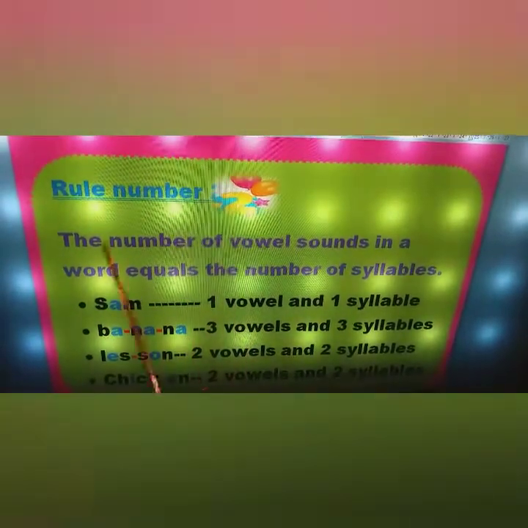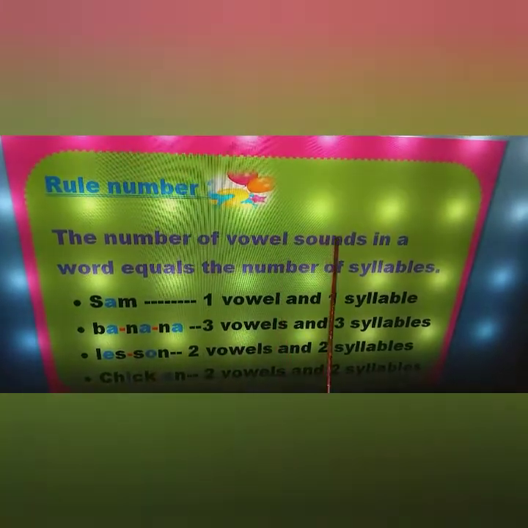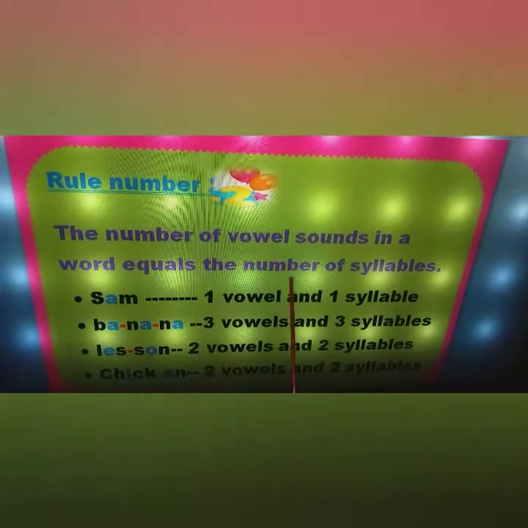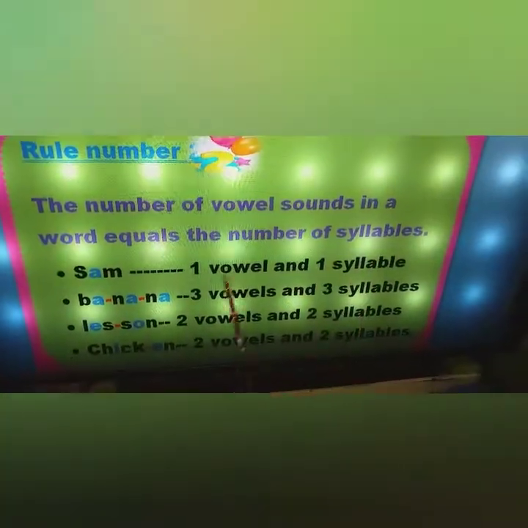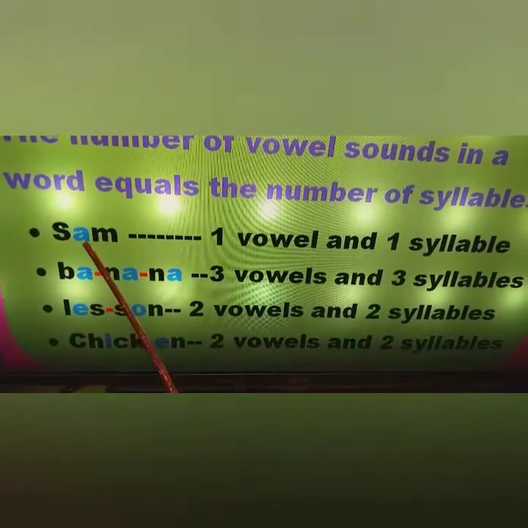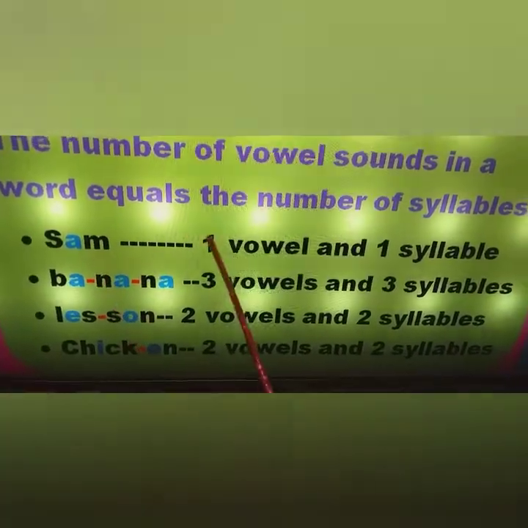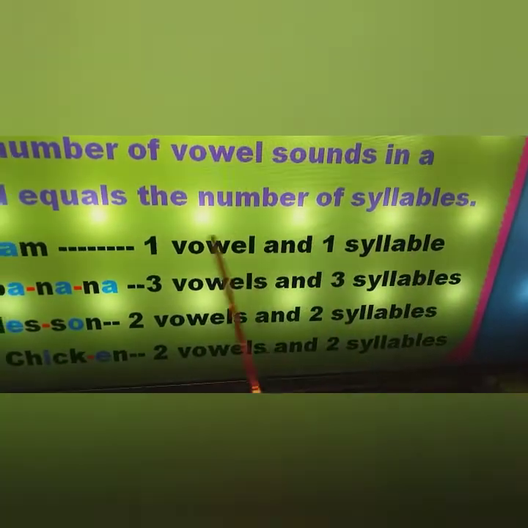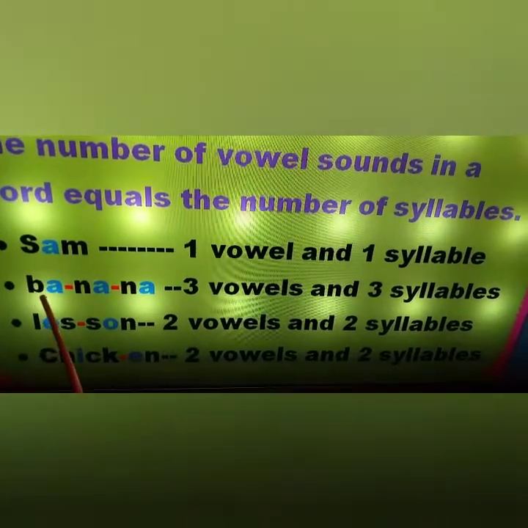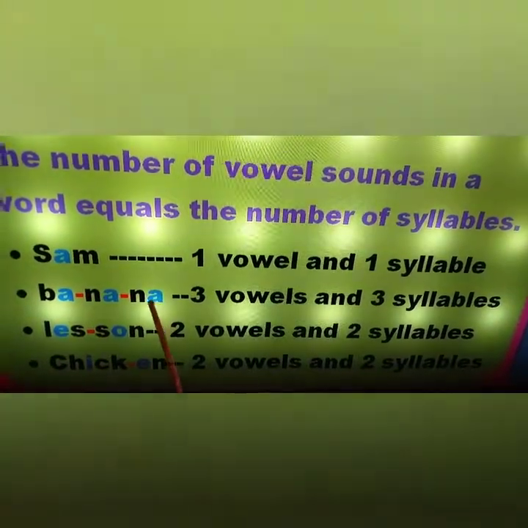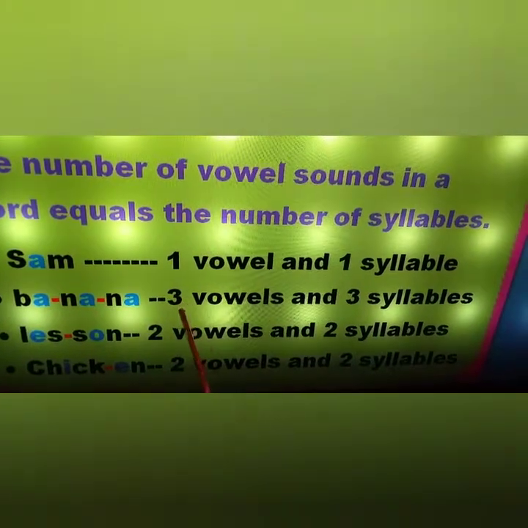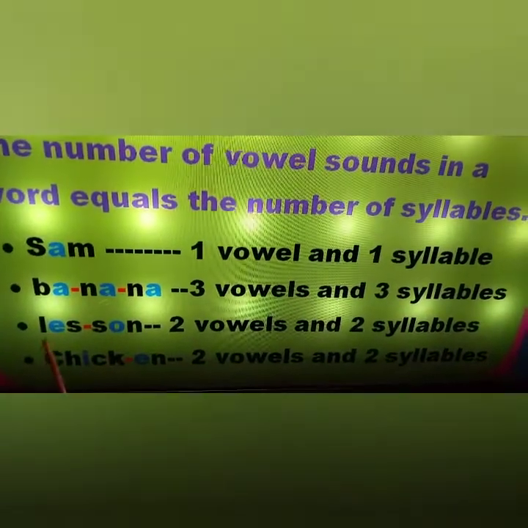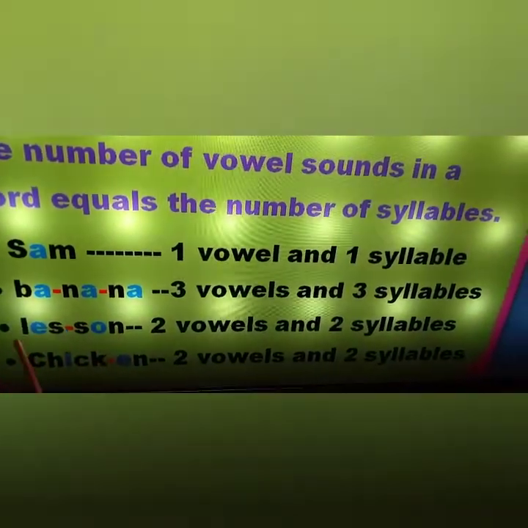Rule number 2. The number of vowel sounds in a word equals the number of syllables. Some. It has 1 vowel and 1 syllable. Banana. It has 3 vowels and 3 syllables. Lesson.